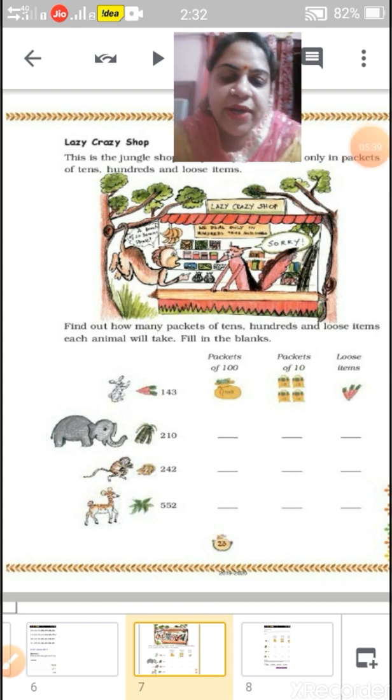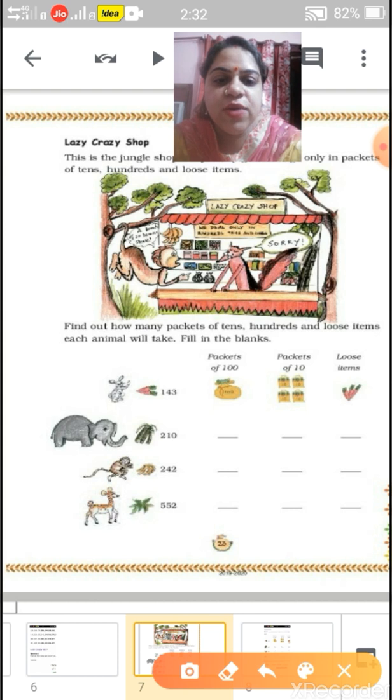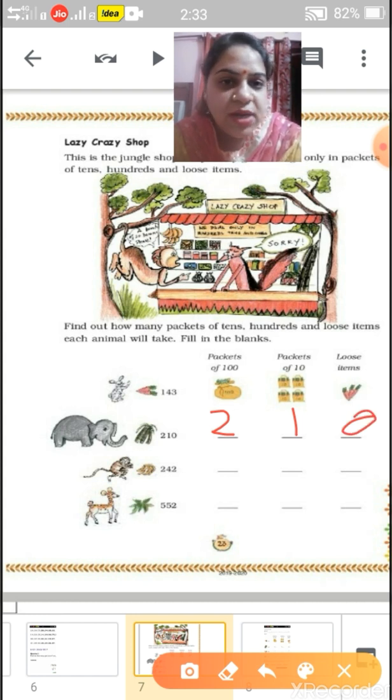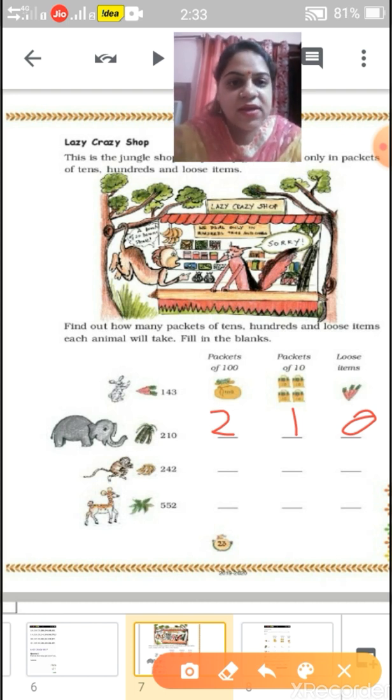for 210, how will we do? Yes, you are right. Here we will use 2 packets of 100, 1 packet of 10 and loose items are 0, because 2 into 100 is 200 and 1 into 10 is equal to 10. So 200 plus 10 is equal to 210. Now next, 242.